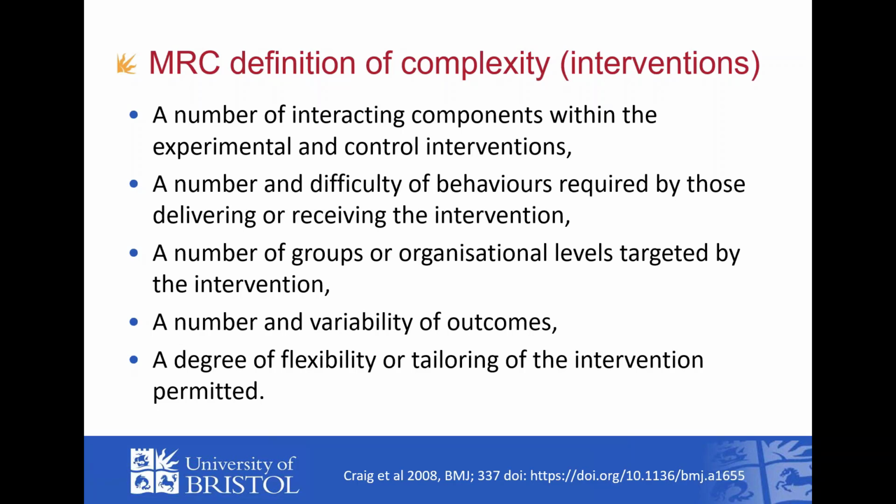So the MRC defines complexity as the number of interacting components within an experimental and control intervention, the number and difficulty of the behaviours that are required by those delivering or receiving the intervention, the number of groups or organisational levels targeted by an intervention, the number and variability of the outcomes, and the degree of flexibility or tailoring of the intervention permitted.